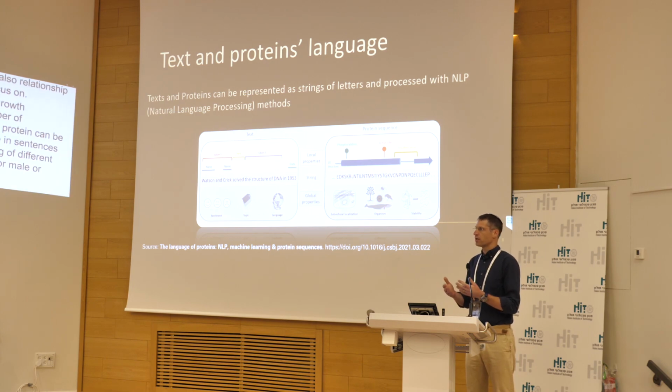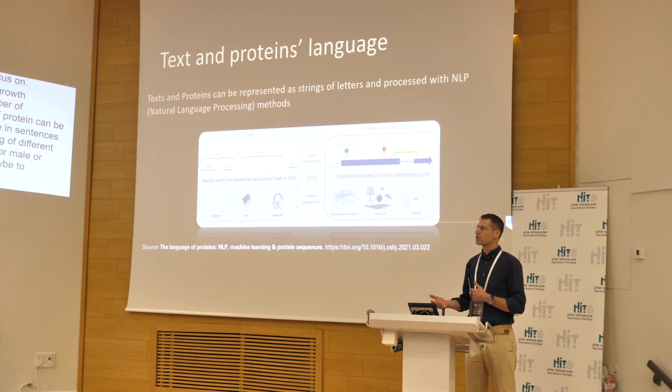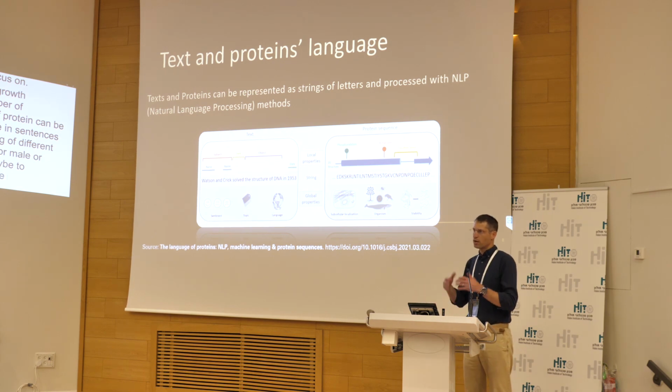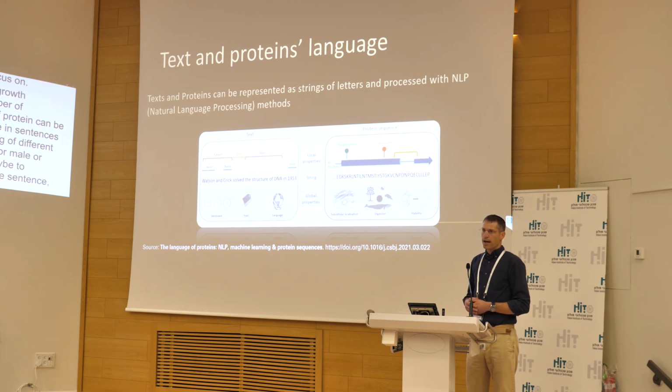Maybe it's describing something else. And I can also have some global annotation on a sentence, whether it's a positive or negative sentiment. What is the topic of the document? What is the language of the text? So we can also have global annotation, and similarly for proteins.